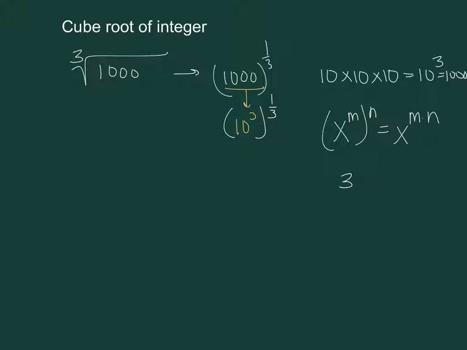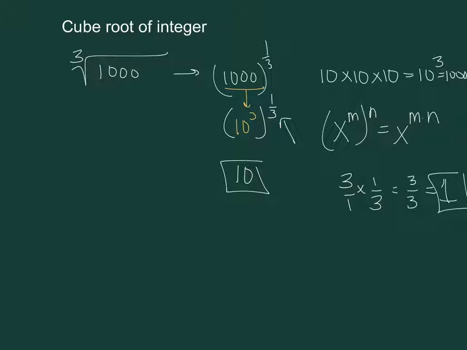So what you got here is 3 times 1/3. Well, 3 is really 3 over 1, and so this is going to be 3 over 3, and 3 over 3 is just 1, right? So therefore, the answer that you're going to wind up with here is simply 10, because that's the one number multiplied by itself 3 times to get 1,000.